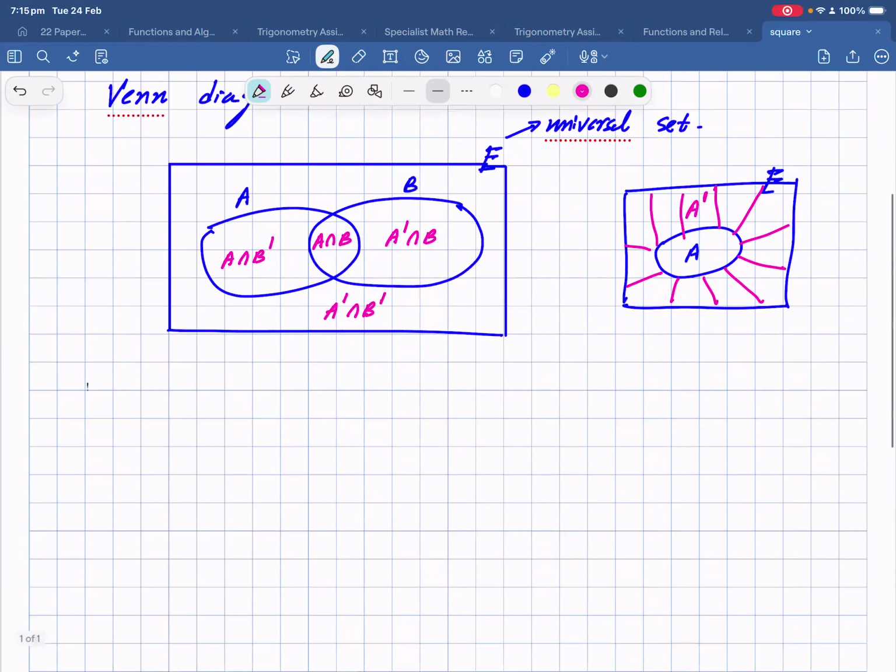So this picture is very important for you to understand. That means A intersection B prime plus A intersection B, I'm going to add everything. A prime intersection B plus A prime intersection B prime is equal to the universal set.